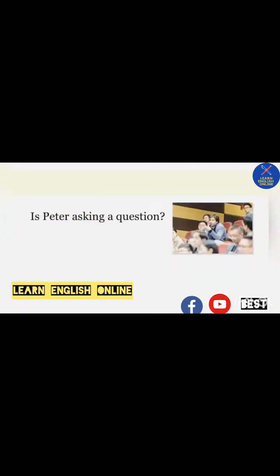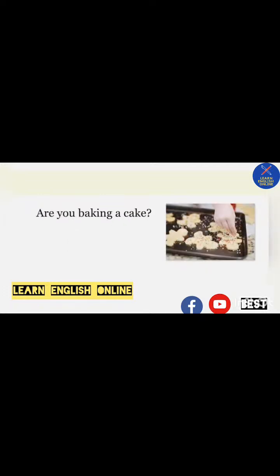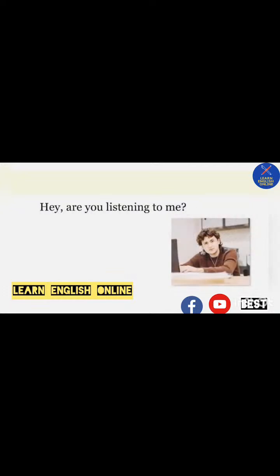Is Peter asking a question? Yes, he is. Are you baking a cake? No, I'm not. I'm making cookies. Hey, are you listening to me? Yes. Sorry. No. I'm listening to you now.